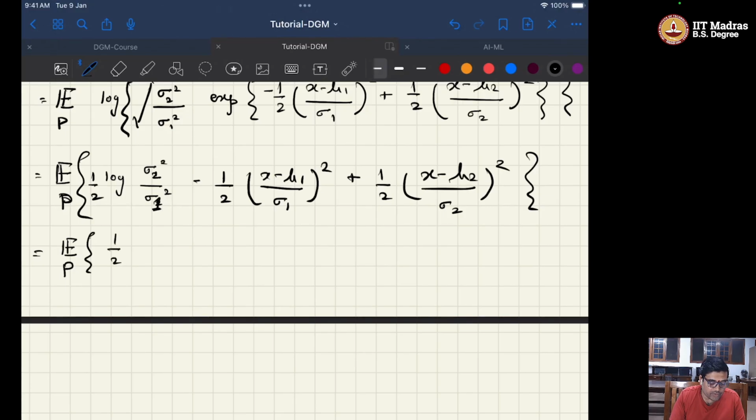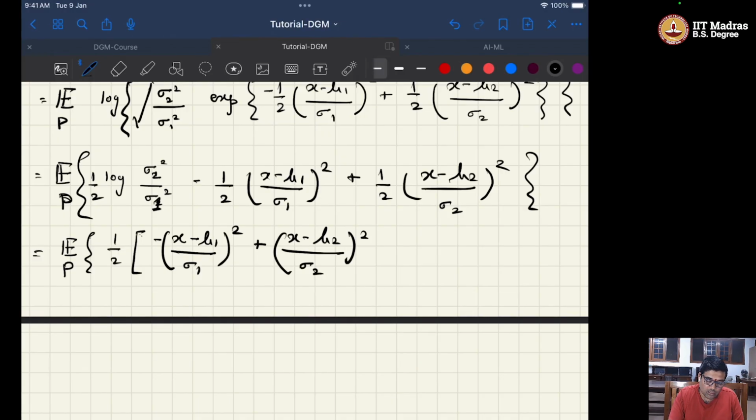Exp of half into, okay, so now what are the things that we have? This is minus of x minus mu1 divided by sigma 1 whole square plus x minus mu2 divided by sigma 2 whole square.